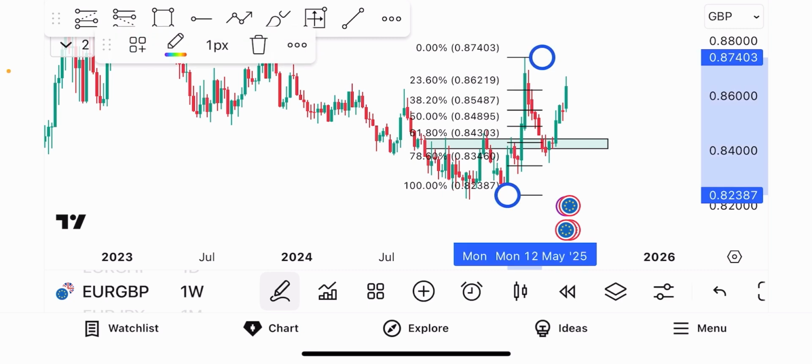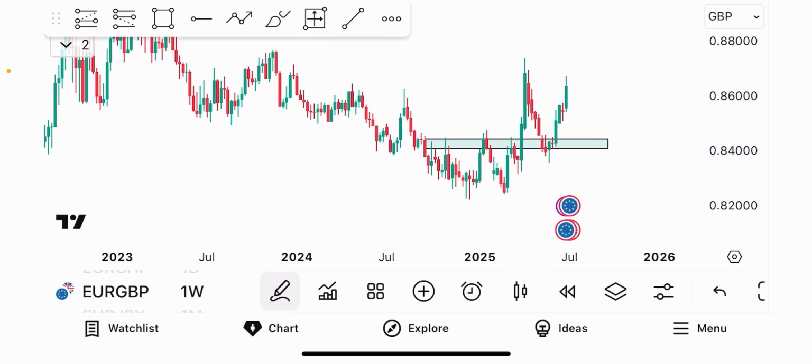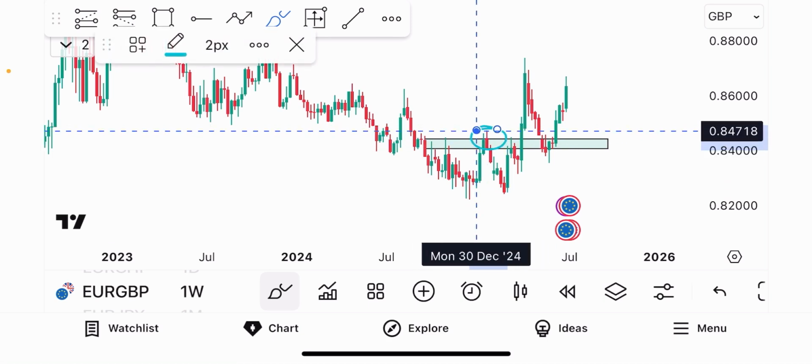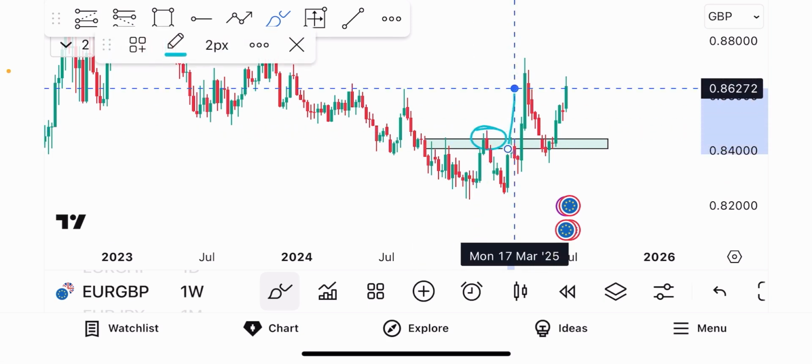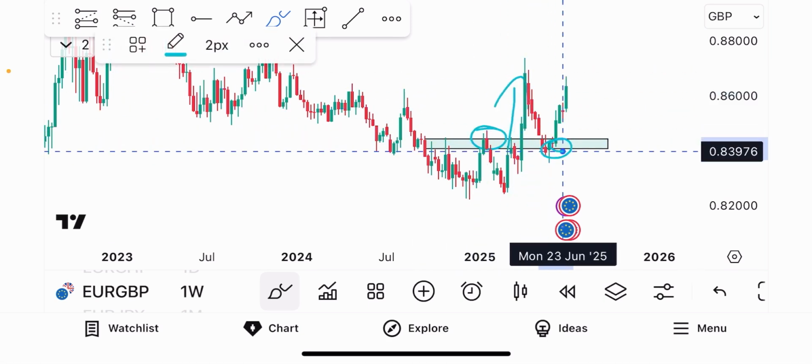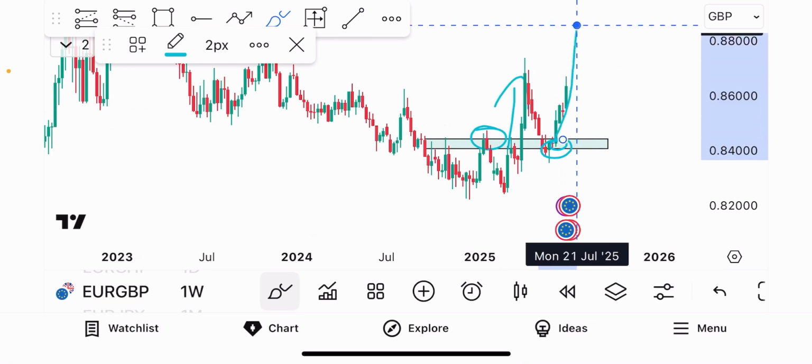We see how here, which is the 61.8% Fibonacci retracement, has previously served as a resistance level. It got broken to the upside here and is now turning support, and from there we anticipate more bullish price action to develop.